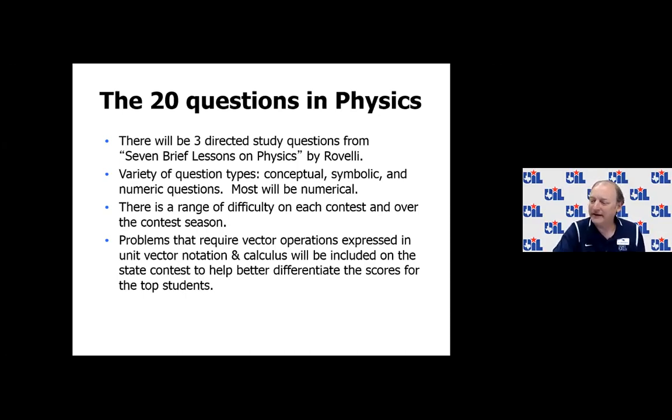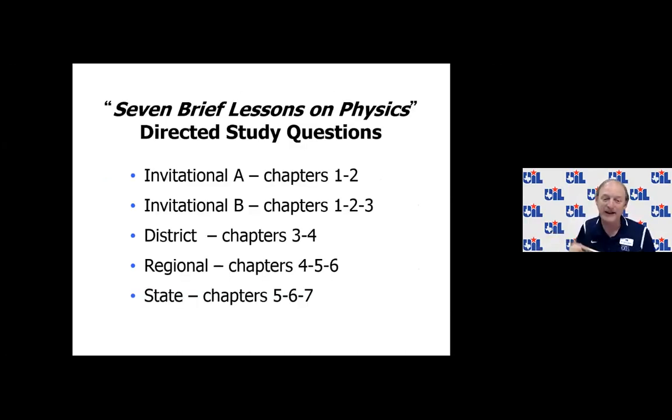Now the breakdown, I think the next slide gives us the breakdown for the book. There are 7 chapters because there are 7 brief lessons, and I looked at how to break 7 chapters into 5 tests and came up with this basic breakdown.